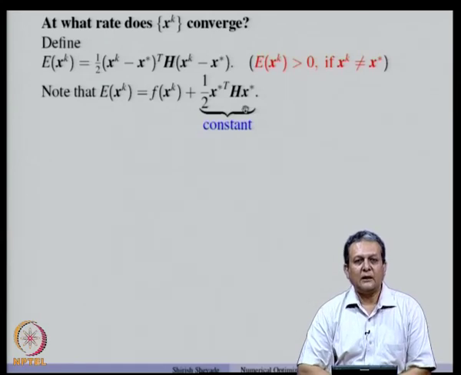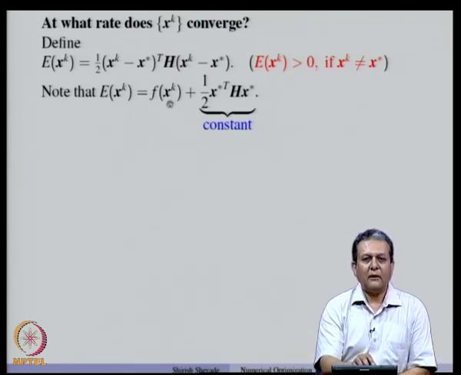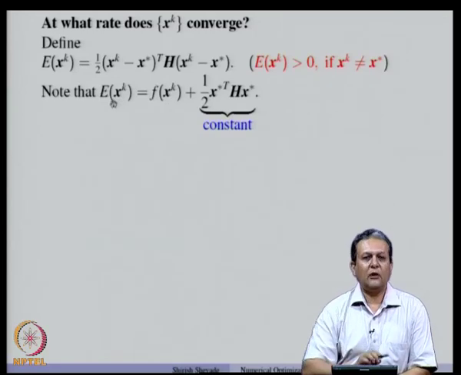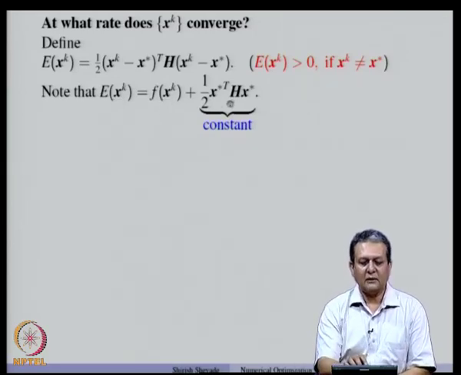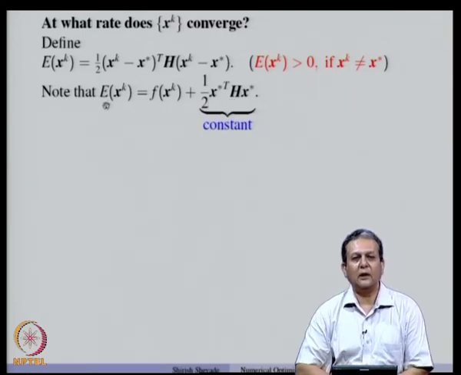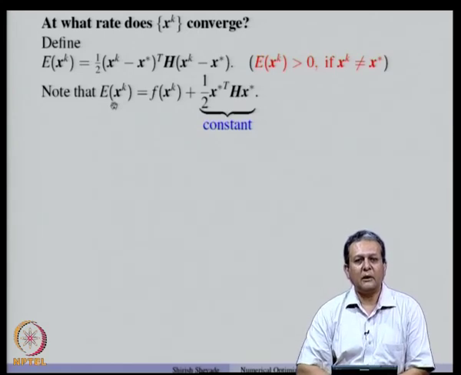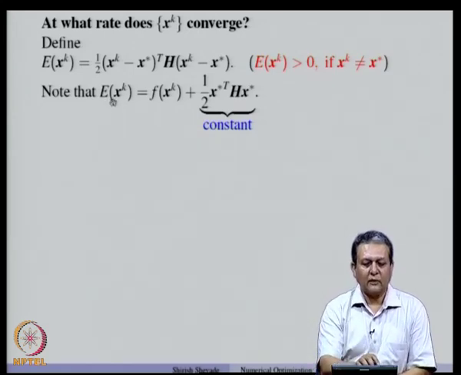As we have seen earlier, sometimes the behavior of an optimization algorithm can be determined using some error function, and an error function can be the objective function that we want to optimize. So, minimization of f of x will be the same as minimization of e of x, because f of x is just added to a constant quantity to get e of x. So, let us now study the behavior of the steepest descent algorithm with respect to this function e of x.